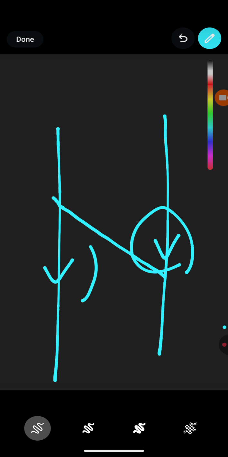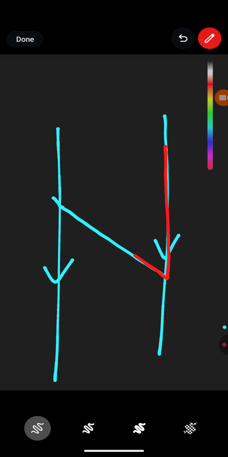You tell that they are parallel if they have these arrows. These arrows show that they are parallel. In this case, we call this property colloquially the Z property, because this looks like a Z. The knees of the Z here and here are equal.